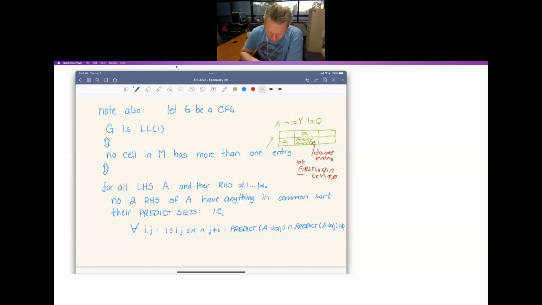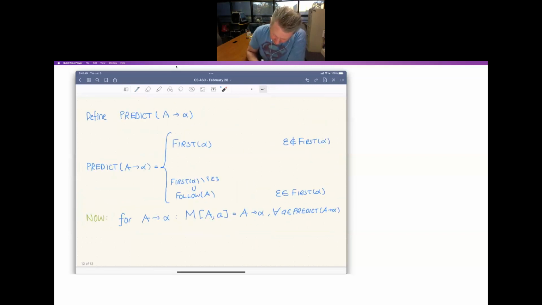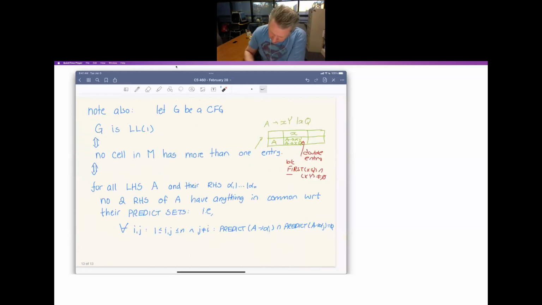And you can hopefully see now why we didn't have that before when we just looked at first sets, because we just took that set when we filled in the table. We didn't take that into account. But can we create a grammar that has this problem, that shows that we get in trouble? So maybe we can.